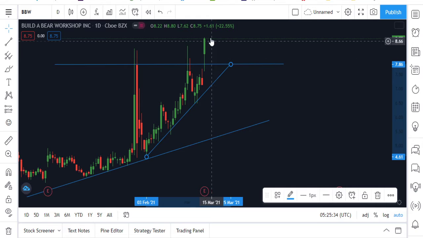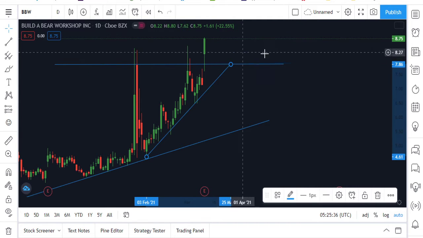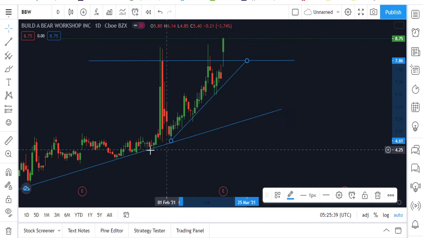The market probably opened at a higher price. This is a stock that has a lot of potential.